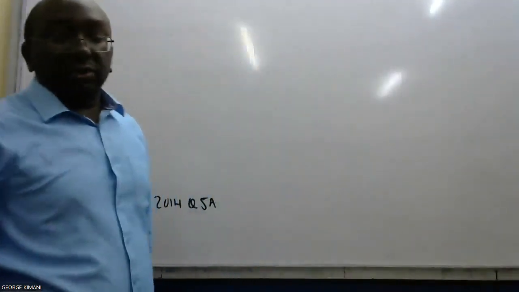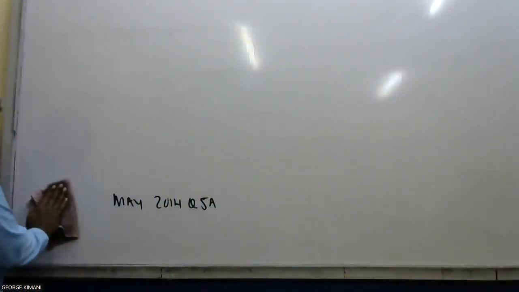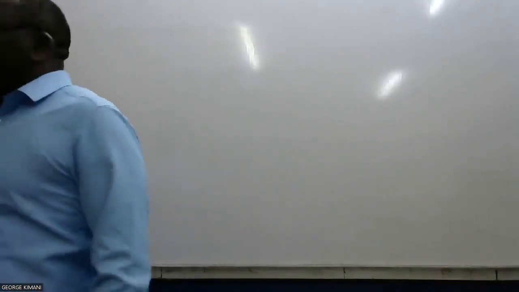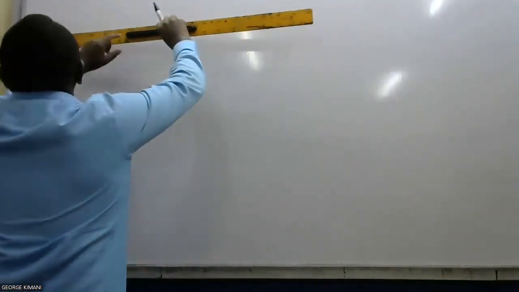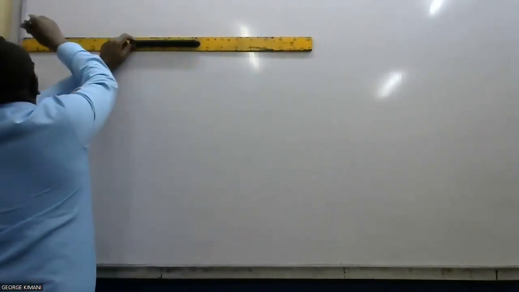So that is Bayesian rule, and Bayesian rule can also be handled using a tree, a probability tree. It can also be handled using a contingency table. So let's now look at what we call a contingency table. A contingency table is simply an arrangement.